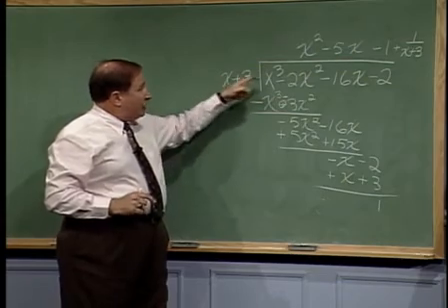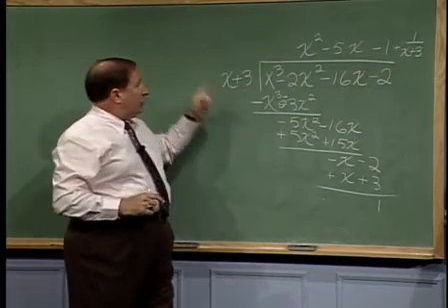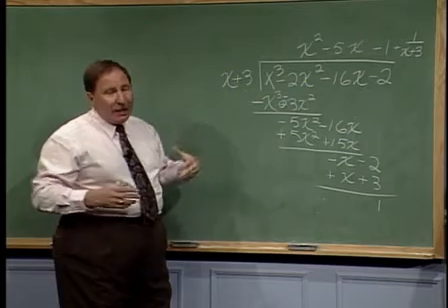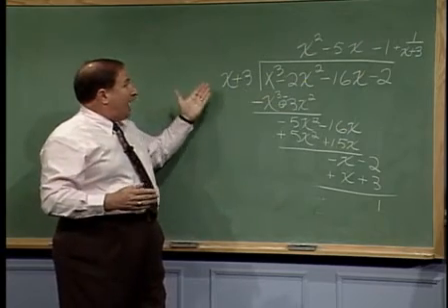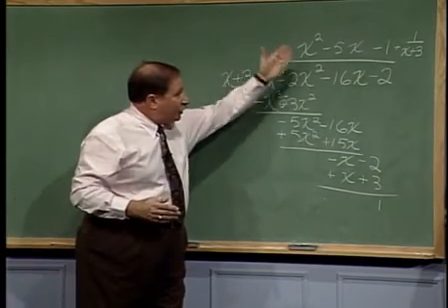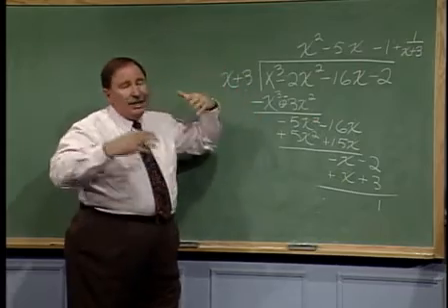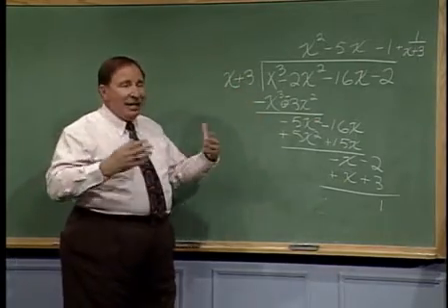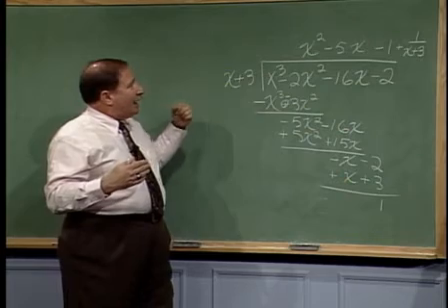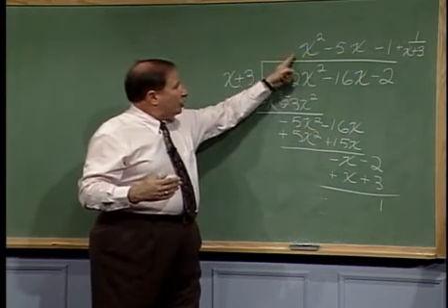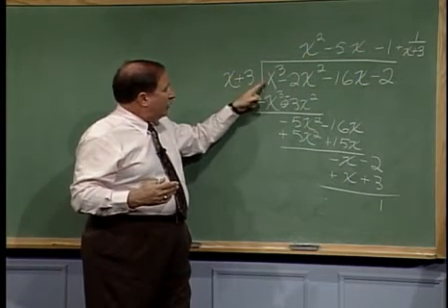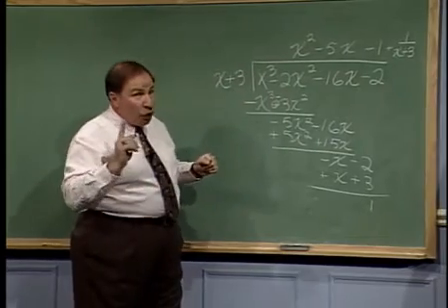When I divide x into x cubed, I get x squared. When I divide x into x to the fifth, I get x to the fourth. When I divide x into 2x squared, I get 2x. When I divide x into negative 17x, I get negative 17. In other words, what I get in the answer is always the same coefficient. So when I divide it here into x cubed, I got x squared, the coefficient of 1.